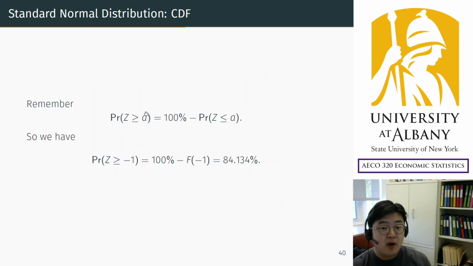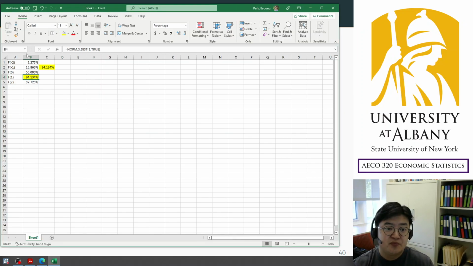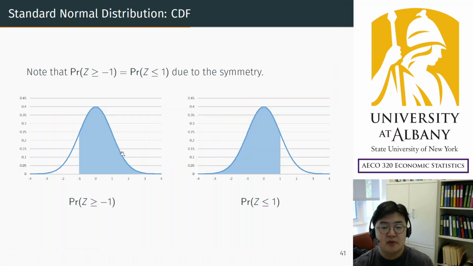What I'm doing here is that probability greater than something is 100% minus probability smaller than the same thing. Using that, you can calculate the probability this way by taking 1 minus this probability, or you may use the symmetry.